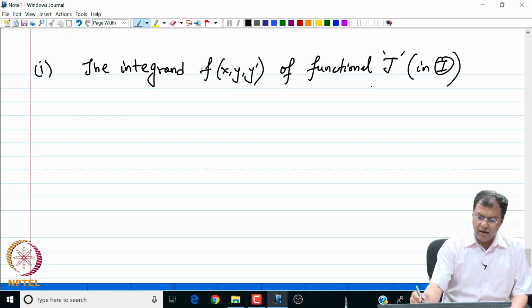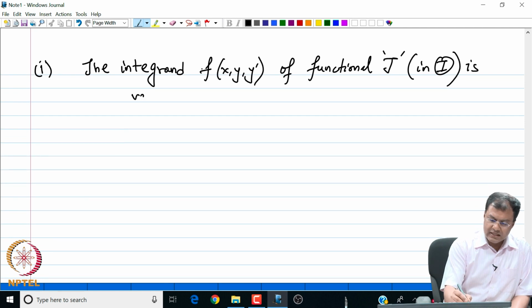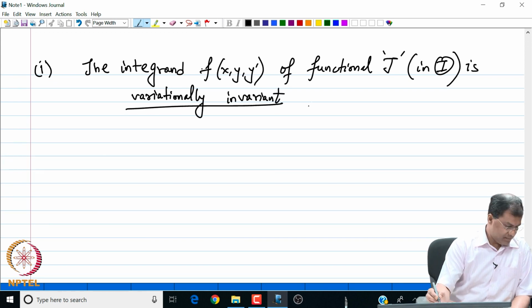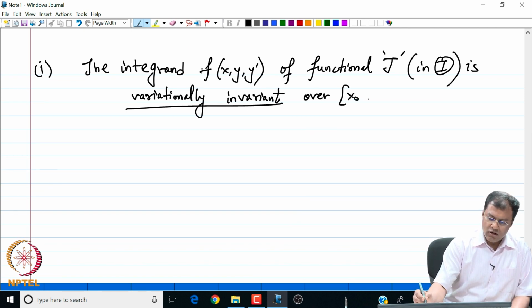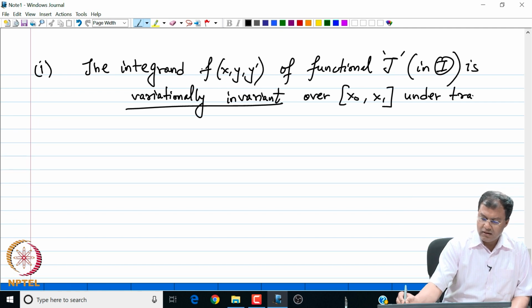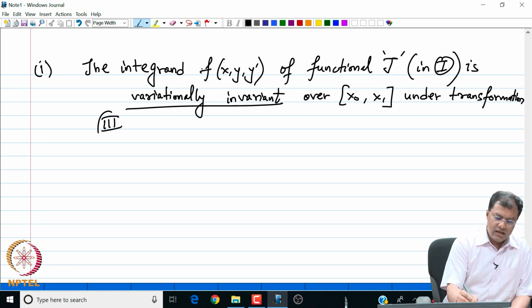Suppose the integrand f of the functional J in 1 is called variationally invariant over the interval x0 to x1 under the transformation 3.